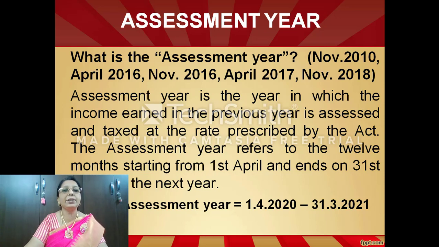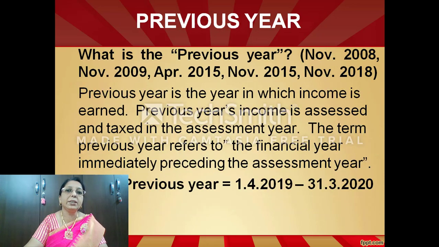It always starts on the 1st of April and ends on the 31st of March. So our current assessment year starts on 1/4/2020 and ends on 31/3/2021. Now, the previous year is the year in which income is earned, the year in which you earn the income.